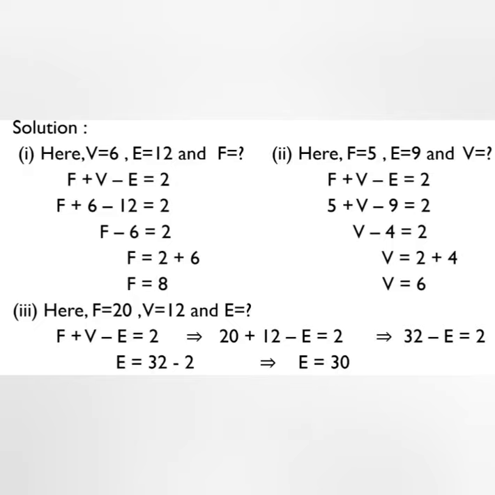For solving we get 20 plus 12, that is 32. 32 minus E equal to 2. So we transpose E to the right hand side, and 2 we transpose to the left hand side. So we will get E equal to 32 minus 2. That is E equal to 30. So number of edges is 30.